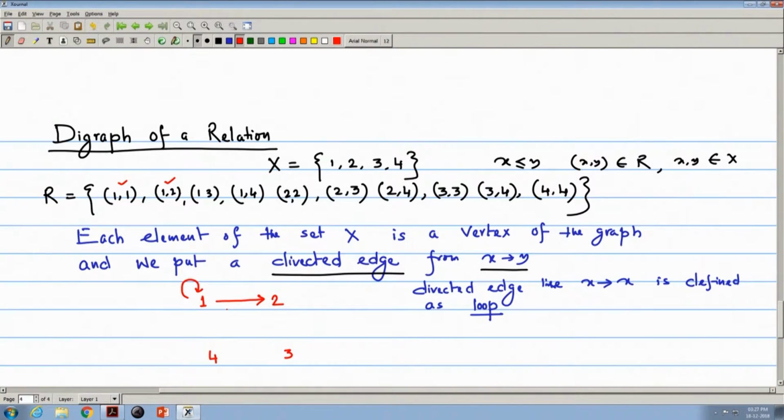Then (1,3), so I give a directed edge here, then (1,4). Now, (2,2), again it is a loop, (2,3), then (2,4), then (3,3), again it is a loop, (3,4), and then (4,4). So, this is my digraph of the above relation.